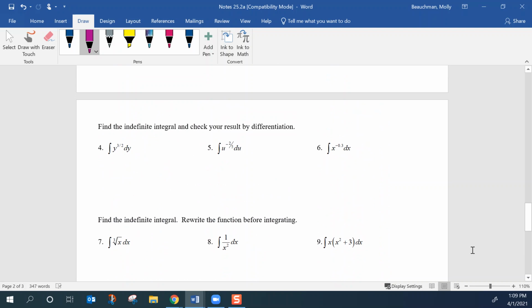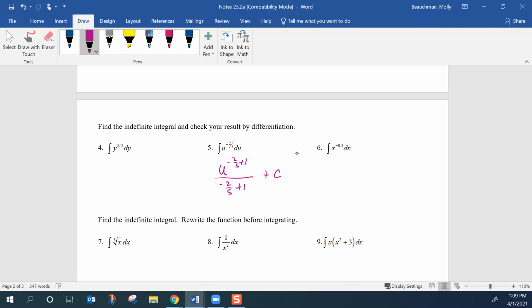So the first group, 4, 5, and 6, notice you have to the power of a fraction. The same rule applies. So if you have u to the negative 2/5 du, then to apply the antiderivative or the integral, take u to the power of negative 2/5 plus 1 over negative 2/5 plus 1 plus your arbitrary constant.